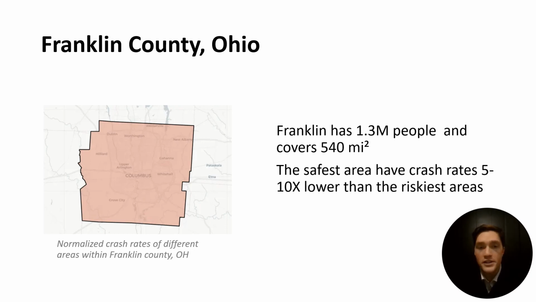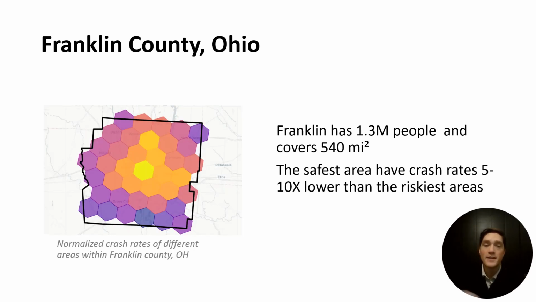However, if you take a general average of all of the crashes in the area, you get a number. And if you look at it from a more granular perspective, you'll see the safest areas have 5 to 10 times lower than the riskiest areas, 5 to 10 times less crashes that still fall within those county limits.